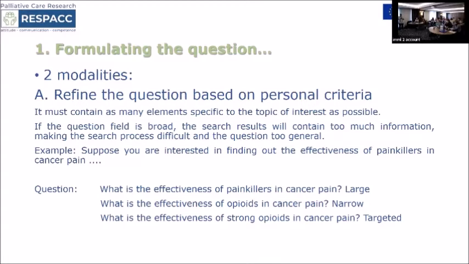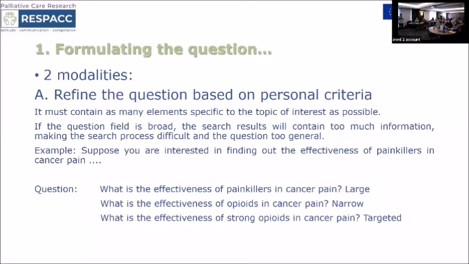I want actually to look just at opioids in cancer pain. But even that maybe is too large, because if I have a severe pain, why do I need to look also at tramadol and other things? I need to look just at strong opioids in cancer pain. So I have narrowed down.